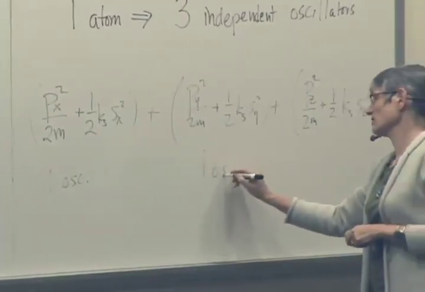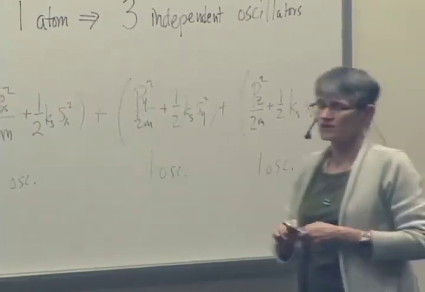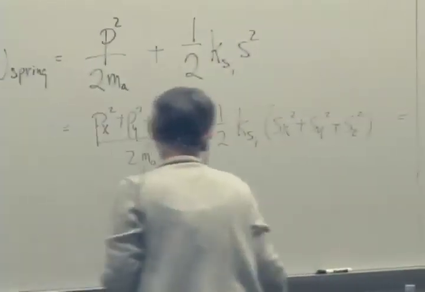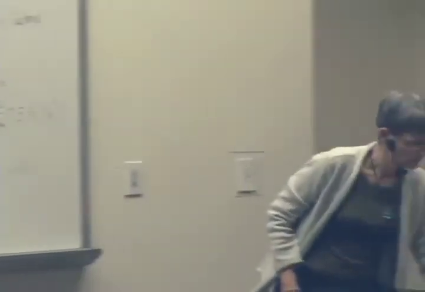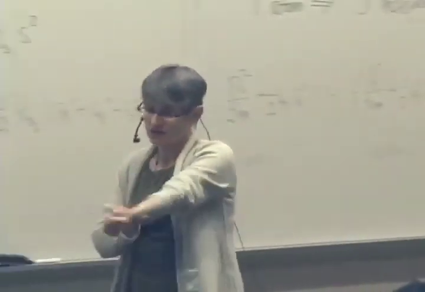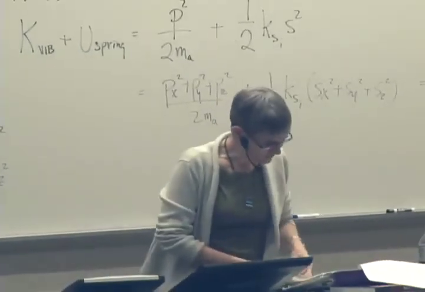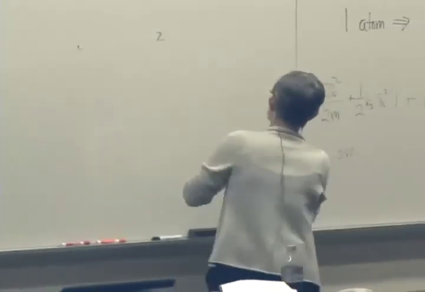This is one oscillator in the y direction, and that's one oscillator in the z direction. So mathematically, it actually just works out that it separates and looks like their energies are the energy of three independent oscillators.